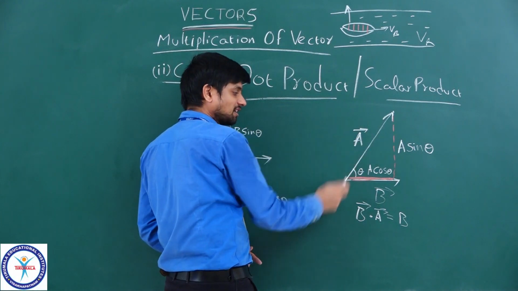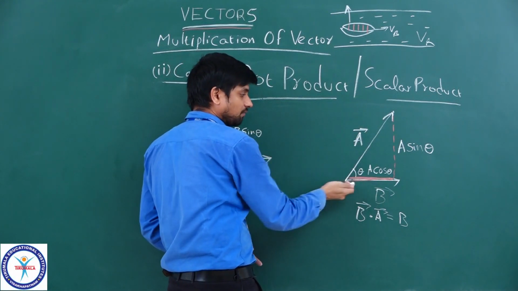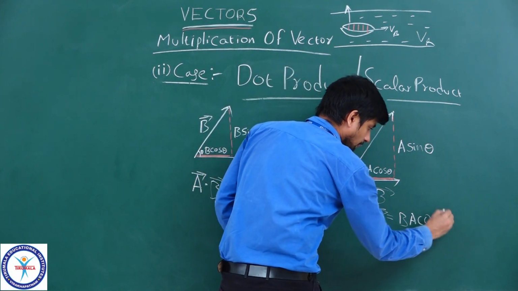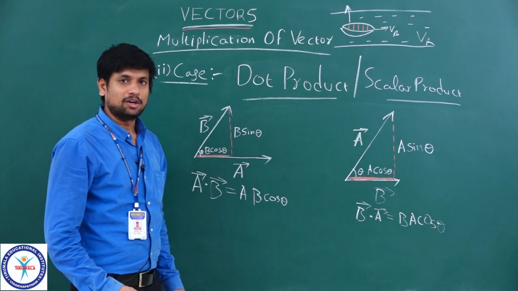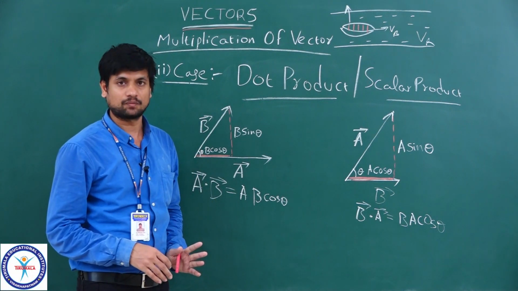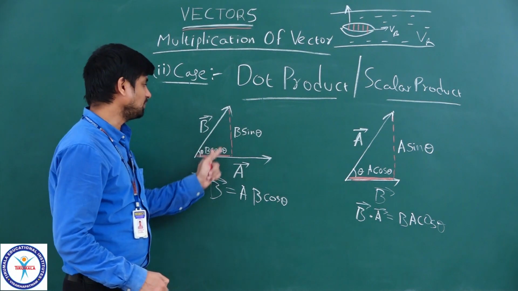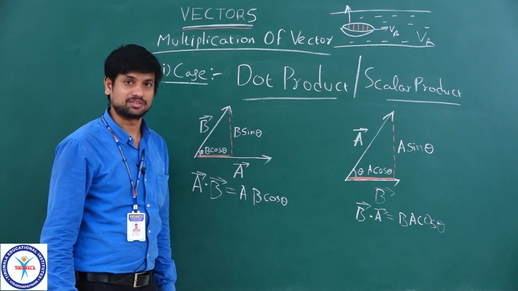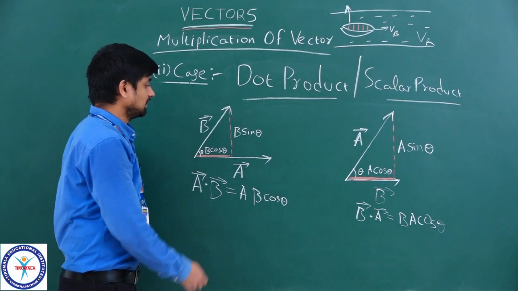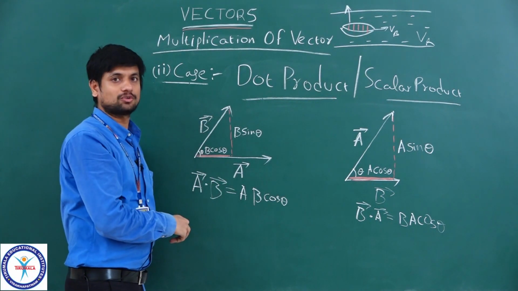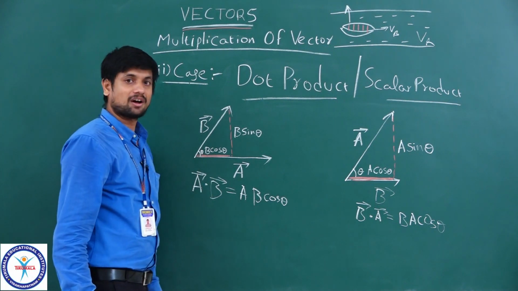This is the second vector A, its projection on the first vector, A cos theta. So we have checked how much parallelity occurs between these two. Simply, the second vector's projection times the first vector's magnitude is nothing but the dot product or scalar product.